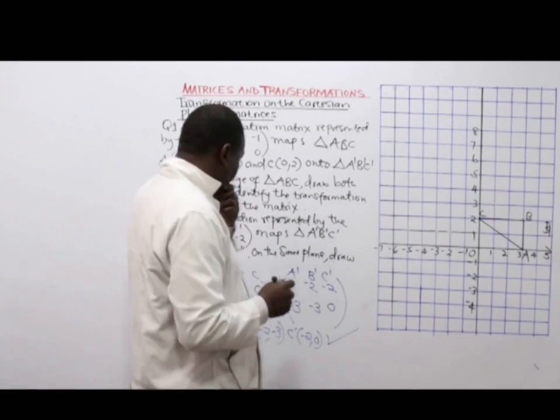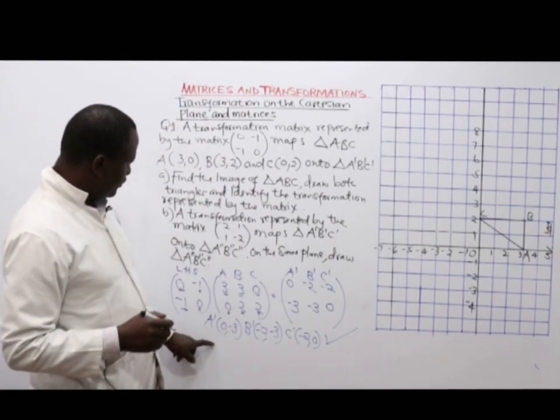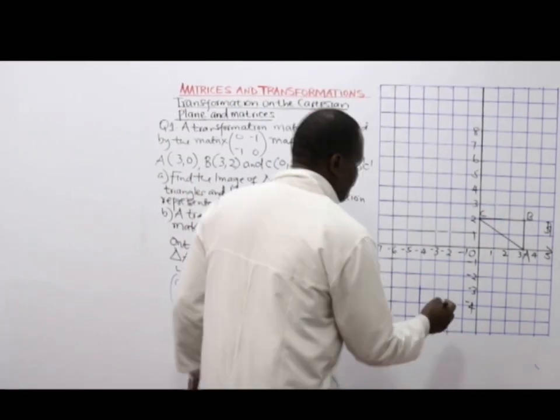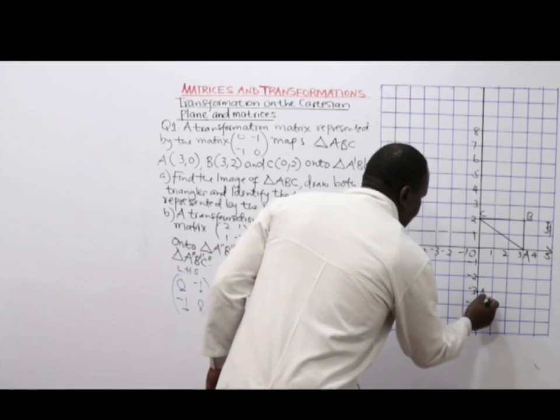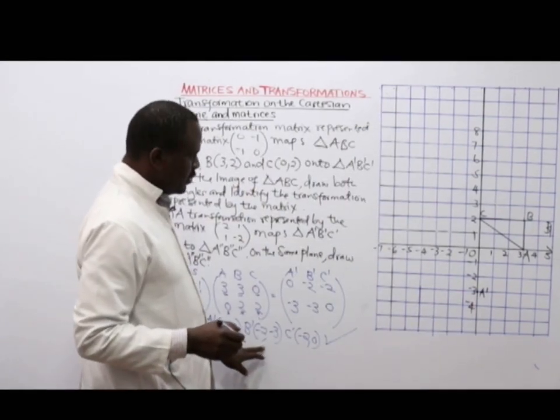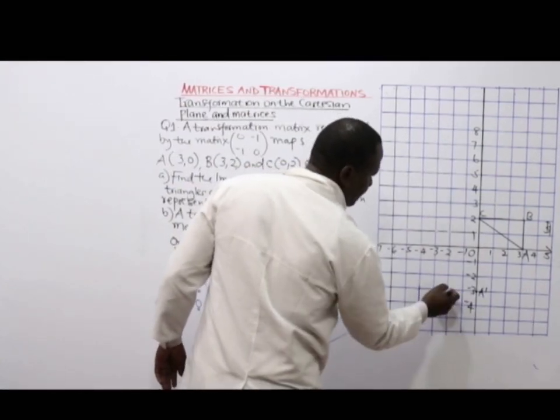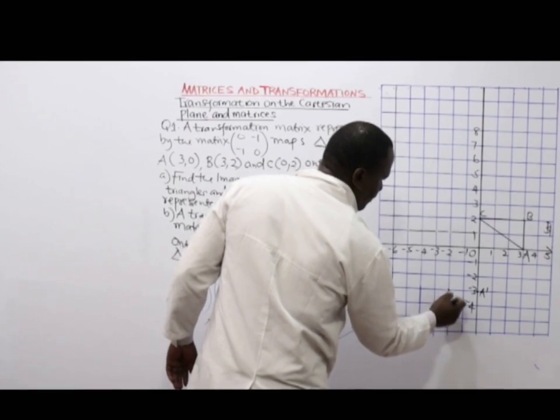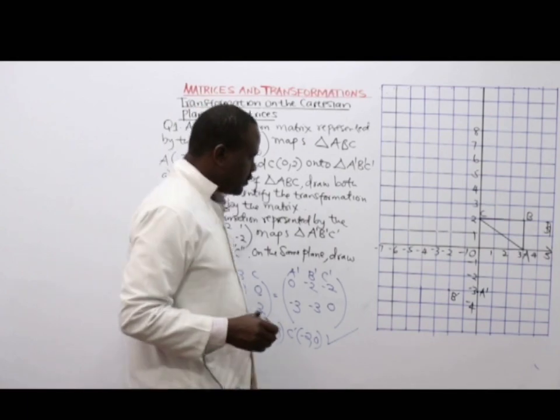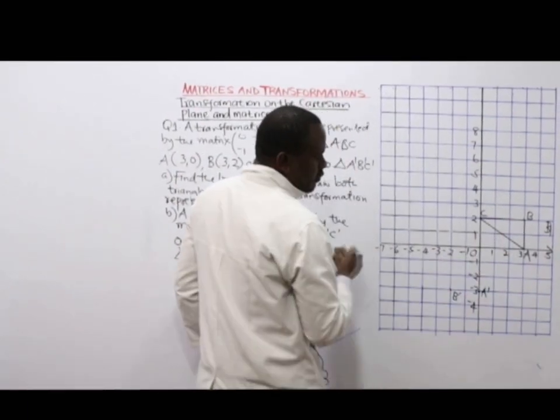Now, then we plot the image. 0 is this line. -3 is here. (-2, -3). (-2, 0).